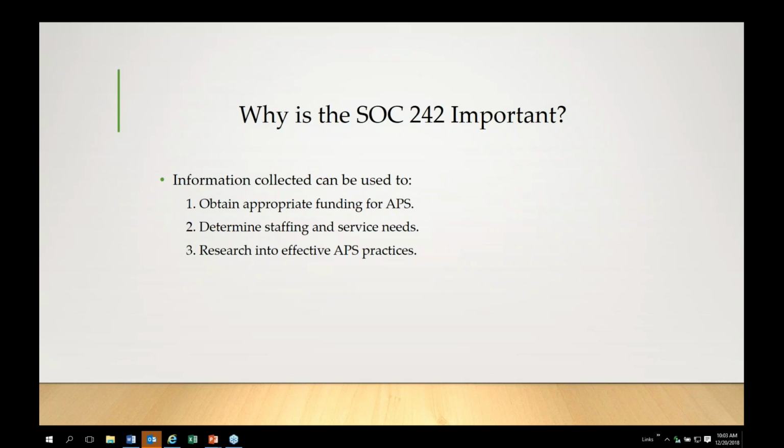We can use those for advocacy efforts to help get APS funded. It also helps determine how much staff we need and what kinds of services are needed. And researchers are really interested in APS as well because they want to know what's effective in addressing abuse. So there are a number of reasons why we really need this data.